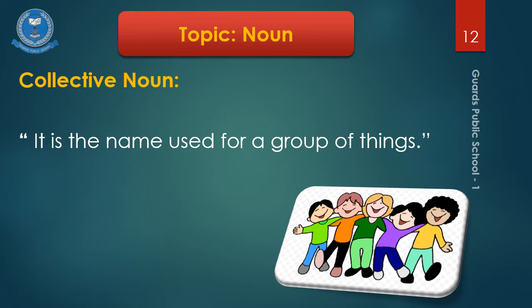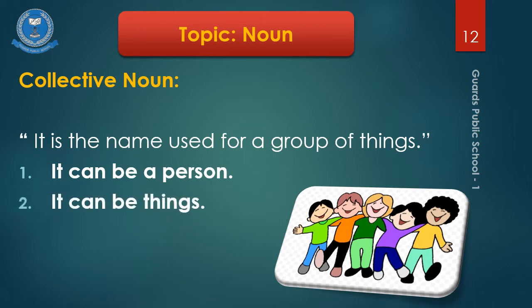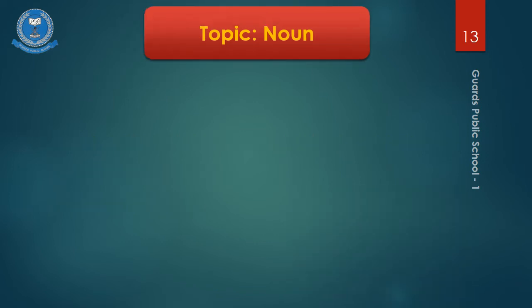Now, group of what things? Group can be a person or it can be anything. Let's see some examples of collective nouns or the group of things.